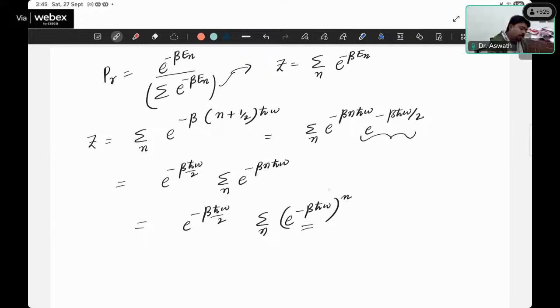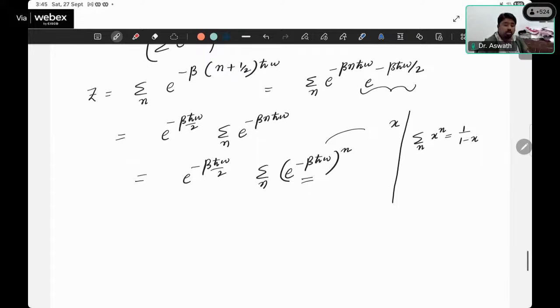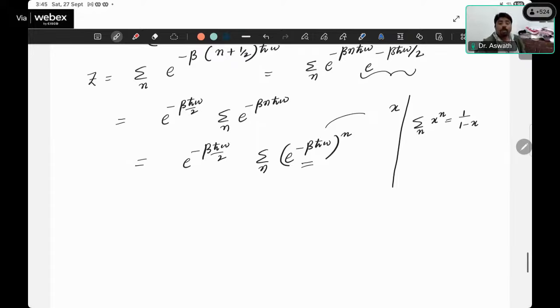This term is like some term x. So if we have the summation of x to the n, what is this? This is 1 by 1 minus x. This is the summation rule.